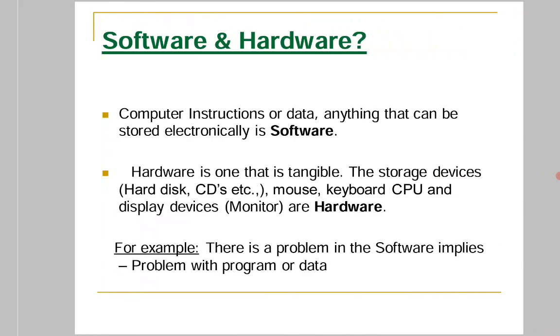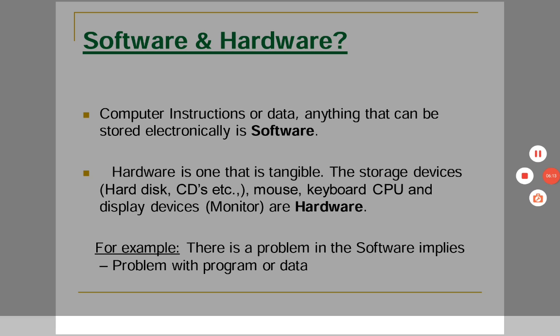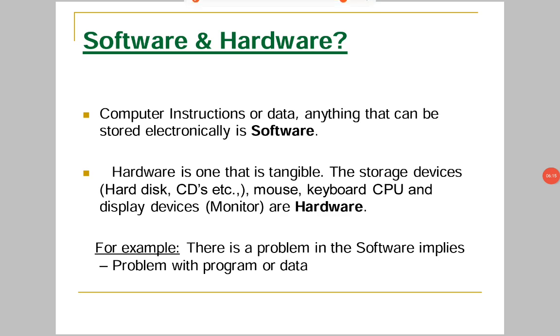about computer software. So what is software and what is hardware? Computer instructions or data, anything that can be stored electronically, is called software. Software is a collection of instructions or commands given by the user to make the computer perform some task.